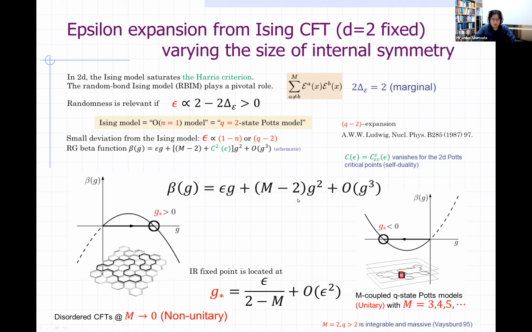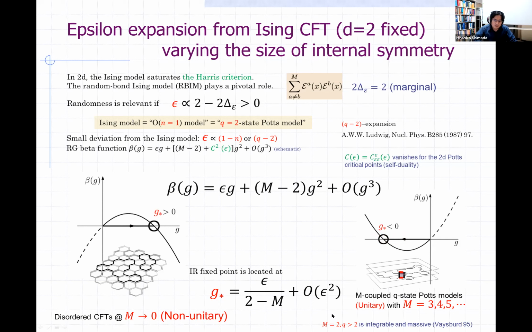If we plot this, if M is less than 2, it looks like this convex thing, and we have an infrared fixed point in the positive g region, g star. This corresponds to the disordered CFTs. If M is larger than 2, we have an infrared fixed point in the negative region, and this corresponds to the unitary M equals 3, 4, 5 cases.